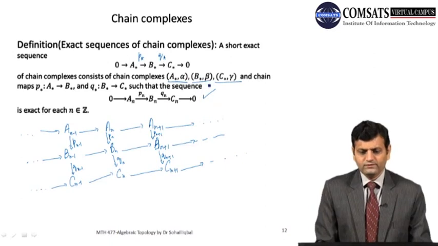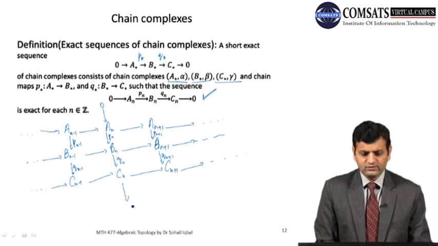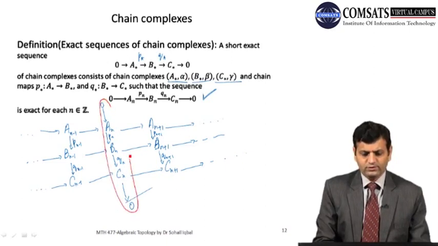Now we are imposing the condition that this sequence of chain complexes is exact, if we have this condition for each and every n. In other words, we are imposing that this is an exact sequence. An is a module, Bn is a module, Cn is a module, and we know how to define an exact sequence of modules.